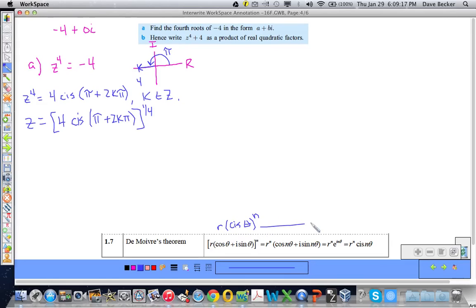So that means we're going to raise 4 to the 1/4 power, and we're going to multiply the argument by 1/4. So z will equal 4 to the 1/4 cis of pi plus 2k pi over 4.